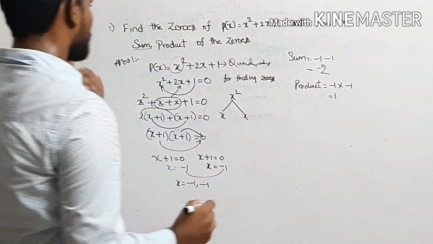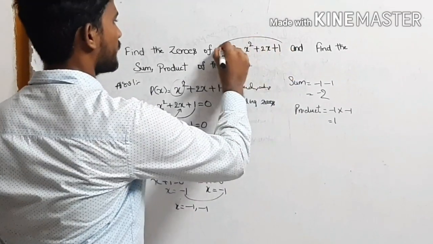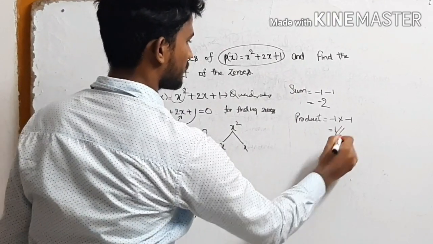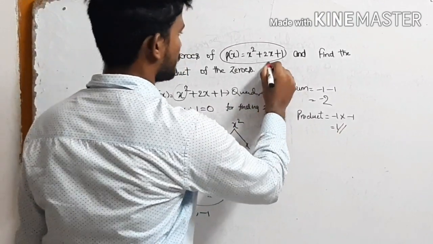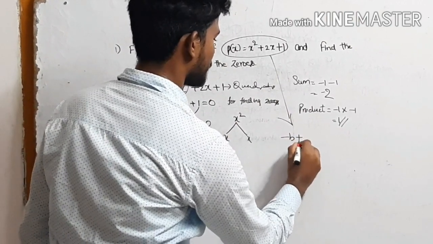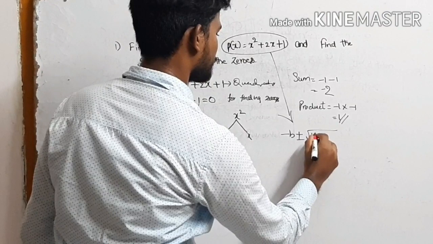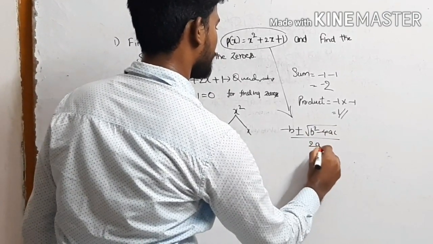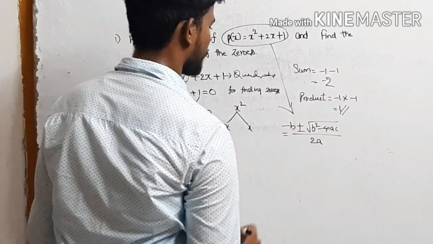We have direct formulas to find the roots. The formula is x equals minus b plus or minus root over b square minus 4ac by 2a, to find the roots of the quadratic equation.